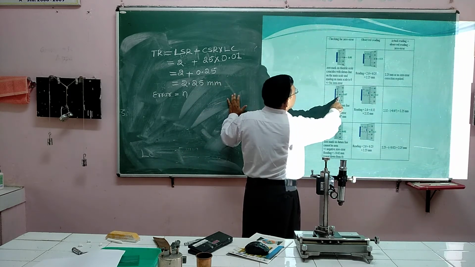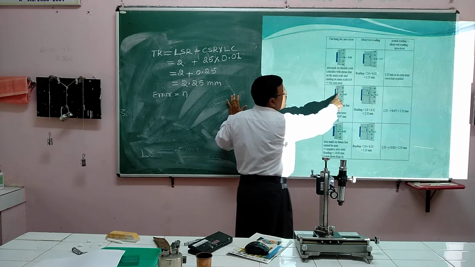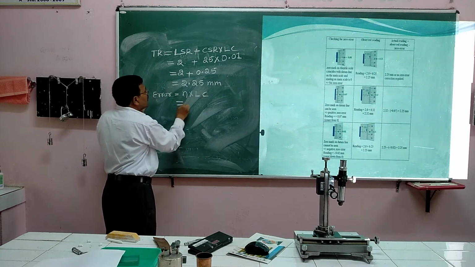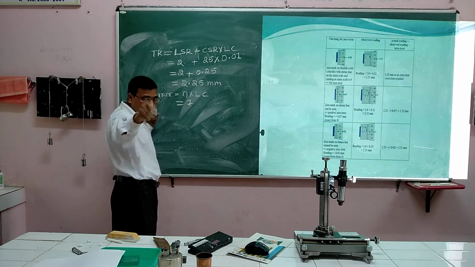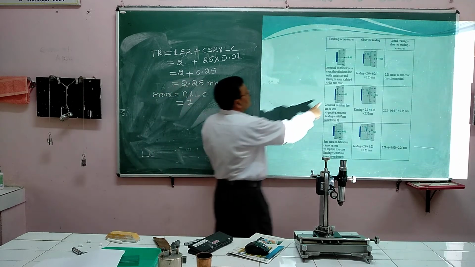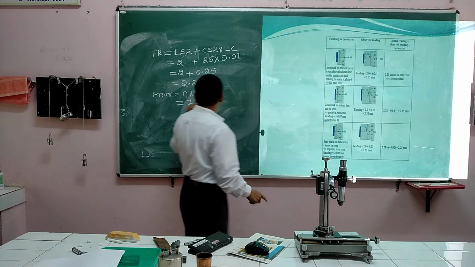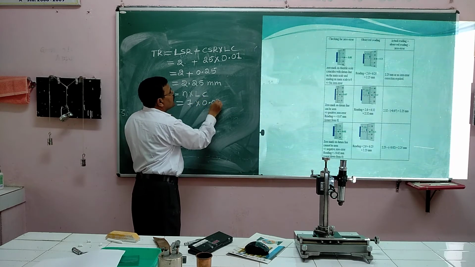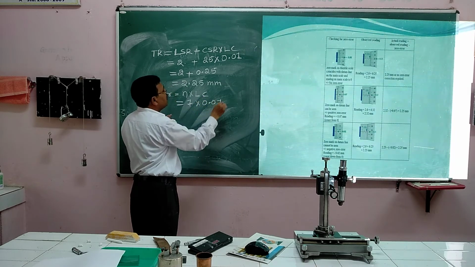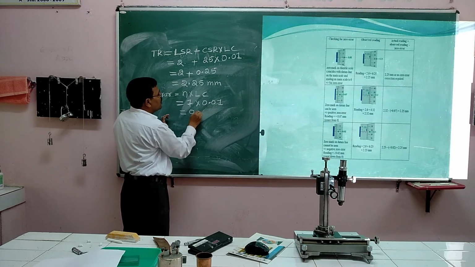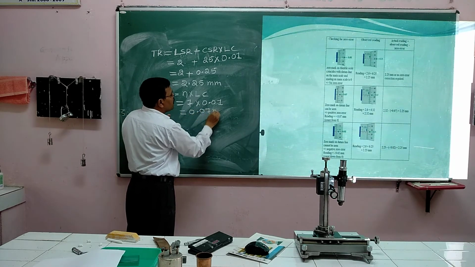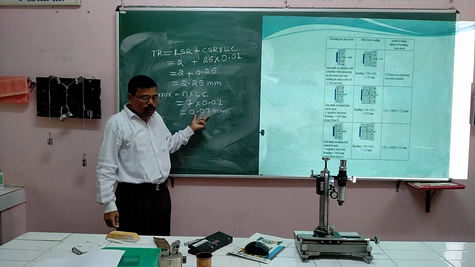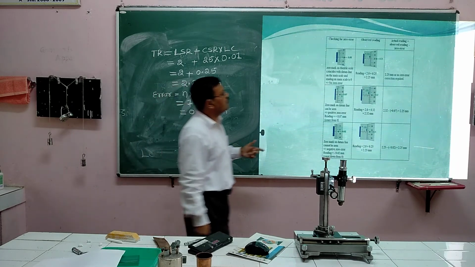Here 5, 6, the seventh circular scale division coincides with the reference line, into the least count, that is 0.01 mm. So this will be equal to 0.07 mm. This value should be subtracted.